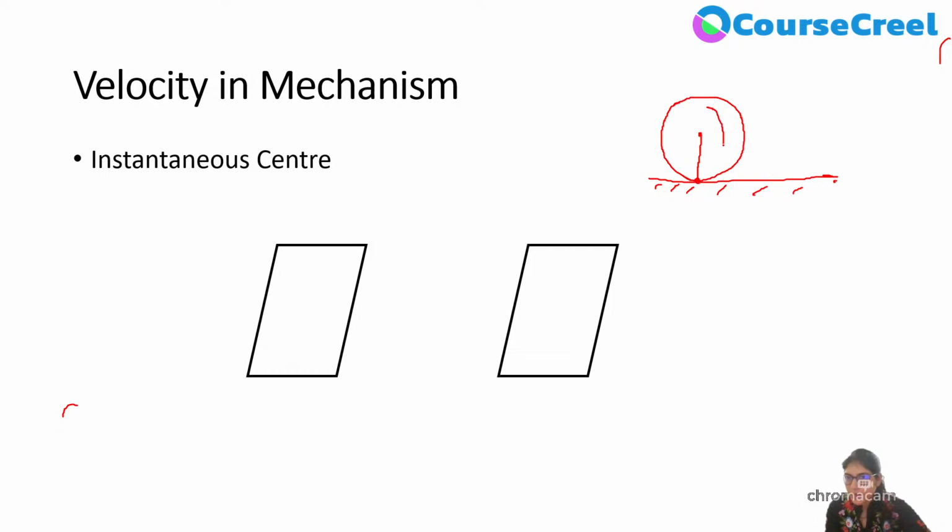So suppose our wheel is moving in clockwise direction, so this point is continuously changing its position over this surface. The wheel will complete one rotation, then this point will again touch the surface, then rotate again, then at a particular distance it will touch the surface again. So this point is continuously changing, and this particular wheel is rotating with respect to this center.